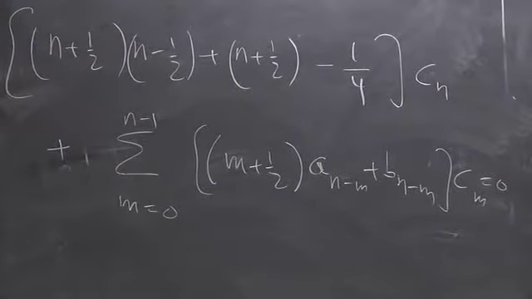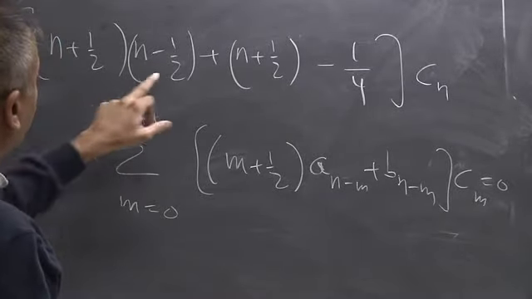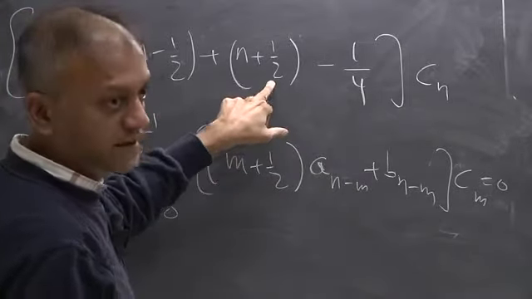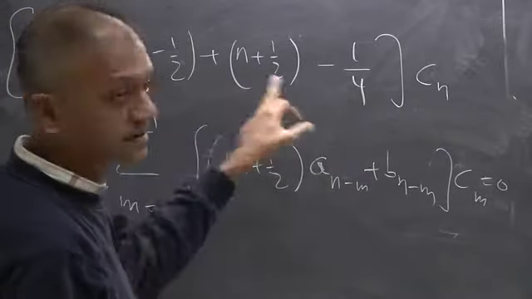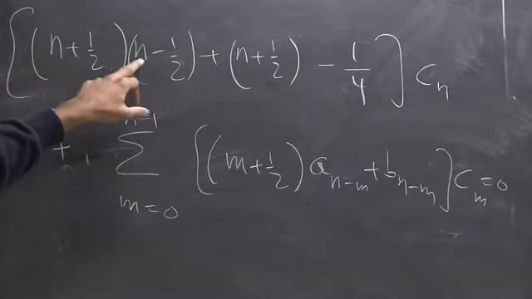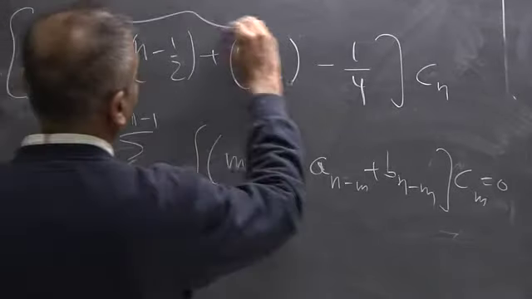So can we simplify this? You get here n squared minus 1/4. So minus 1/4 minus 1/4 is minus half, which cancels this plus half. So there's no constant term, I mean an independent term, and the n dependent term is simply n squared plus n.